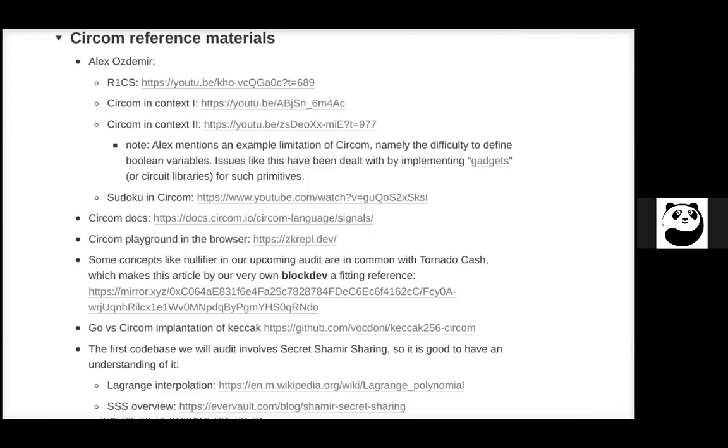So CIRCOM is the language, right now the go-to language for creating ZK dApps, the ZK dApps that do specific things, and our code base on Wednesday will be one of these. It's the rate limiting nullifier dApp that was authored by some friends at the EF.